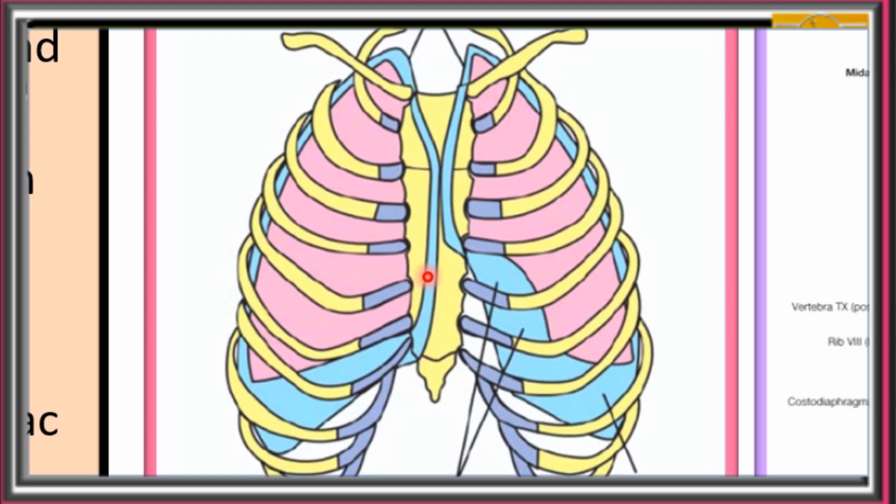Now the left costomediastinal recess is expected to be larger, as we can note here. This is as a result of the presence of the cardiac notch. The cardiac notch is the shortening of the lungs on the left side.